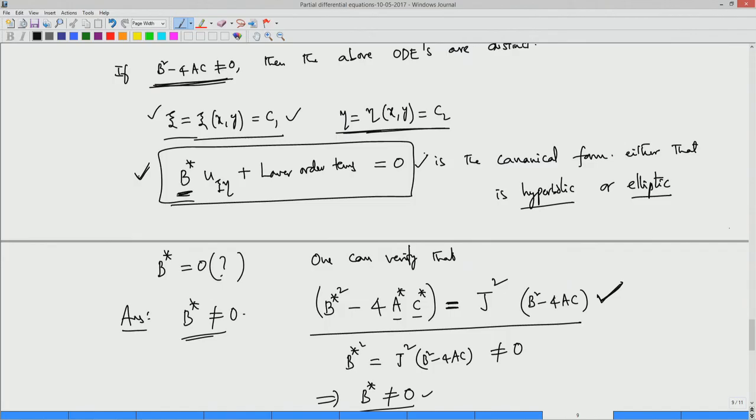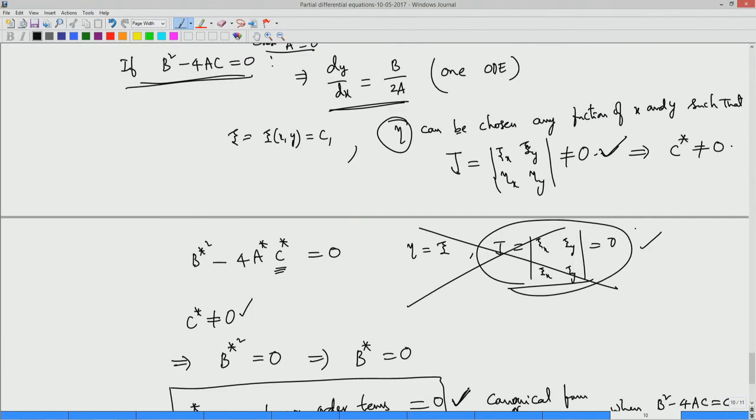The transformed equation becomes of this type. This is called a canonical form, that is either hyperbolic or elliptic depending on what kind of variables you have. If your new variables xi and eta are real functions of x and y, then it is called hyperbolic. If xi and eta are complex functions of x and y, then the canonical form is elliptic.